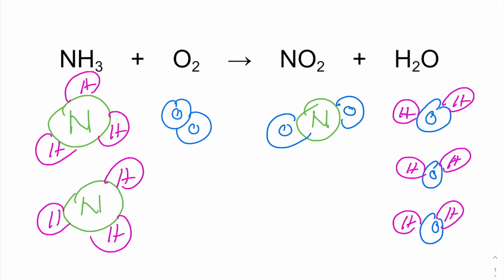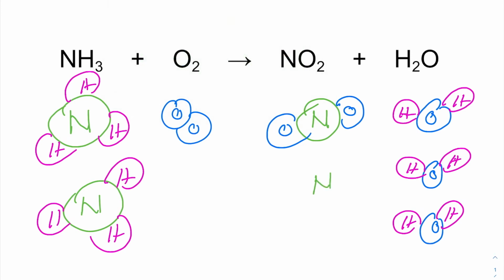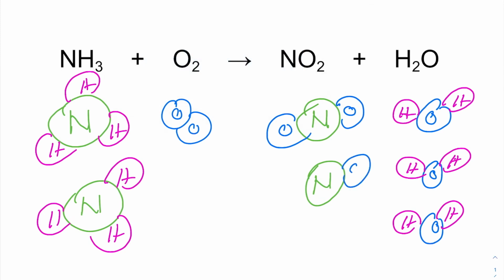So 6 hydrogens on the left, 6 on the right. They are balanced. 2 nitrogens on the left, but only 1 on the right. So let me add another nitrogen. I can't just put a nitrogen on its own though. Nitrogen comes bonded with oxygen. So we fixed up our nitrogens, 2 on the left, 2 on the right.